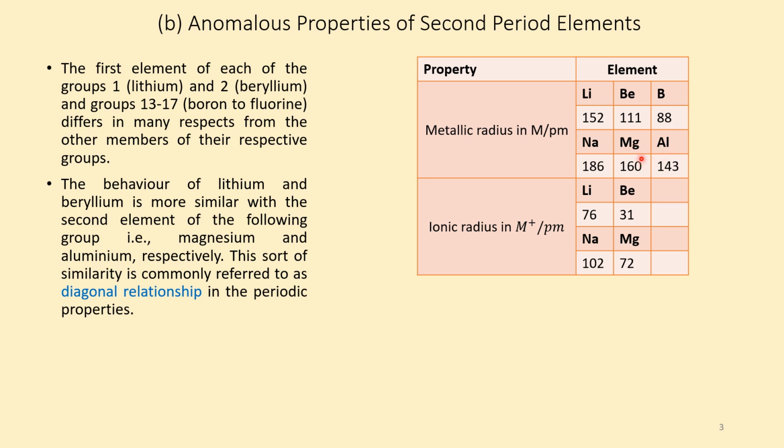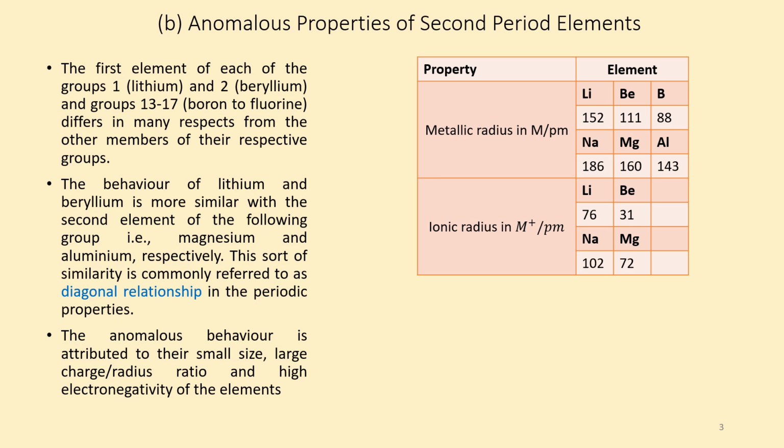This sort of similarity is commonly referred to as diagonal relationship in the periodic properties. Please read this sentence once again. The anomalous behavior is attributed to the small size, large charge/radius ratio and high electronegativity of the elements.